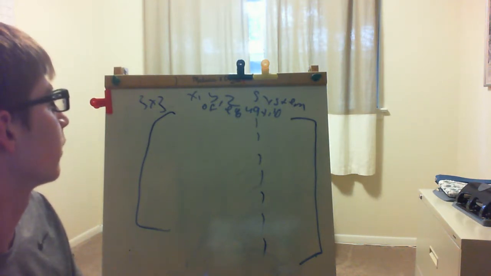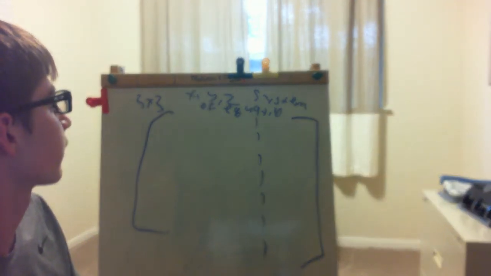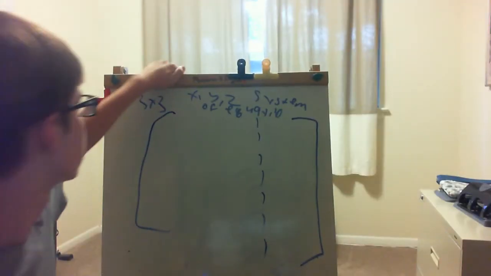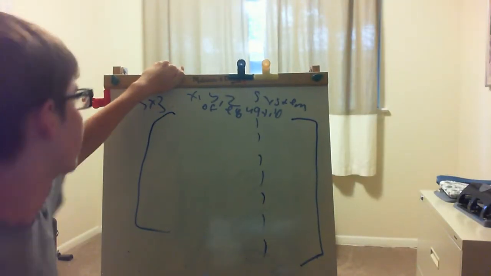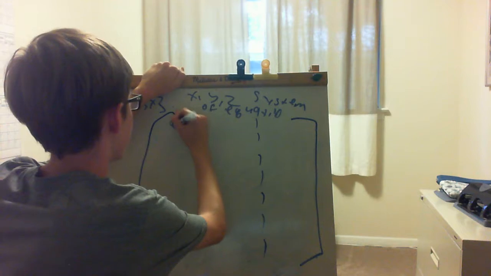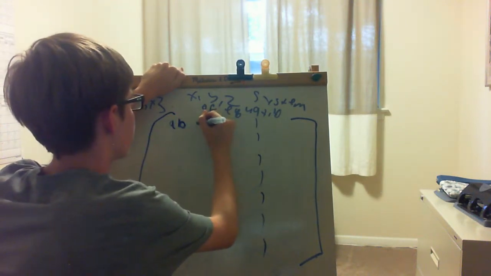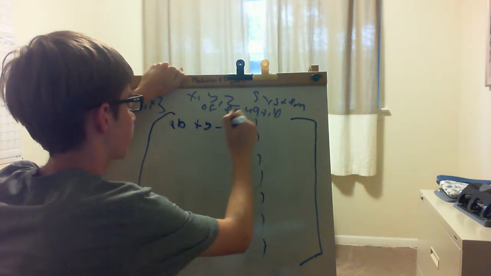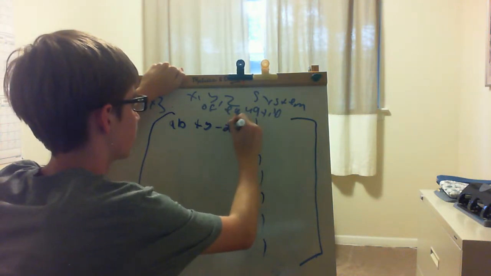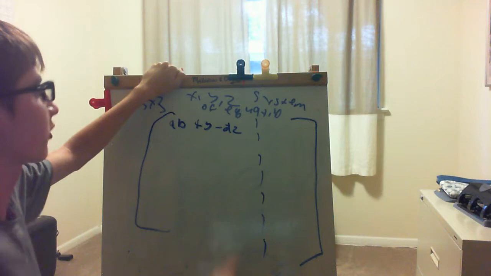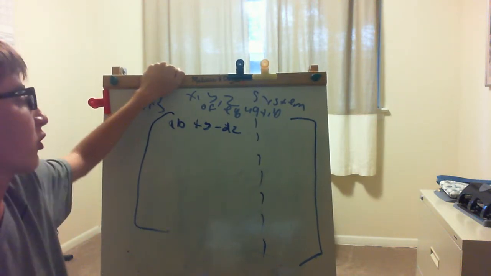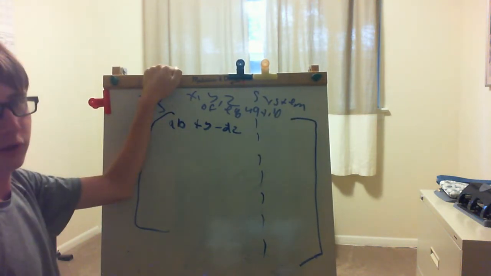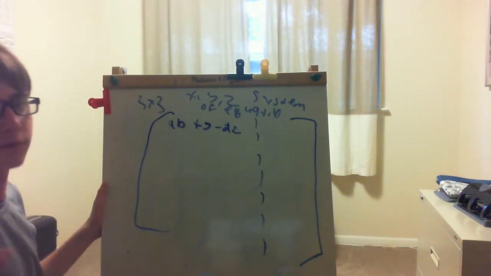So for example it would be AX plus BY minus DZ. By the way, these extra letters are just variables. I'm just putting this into variable form.